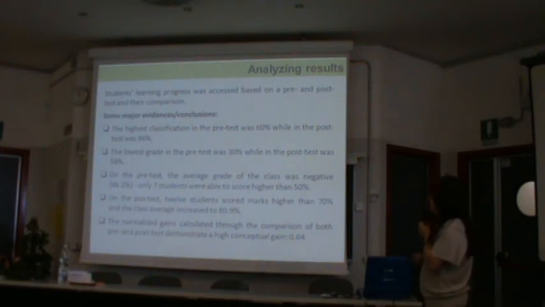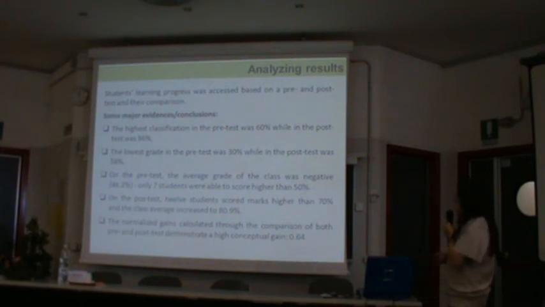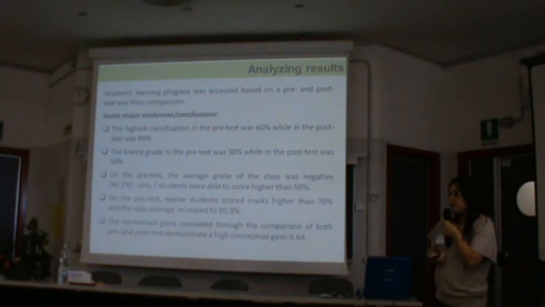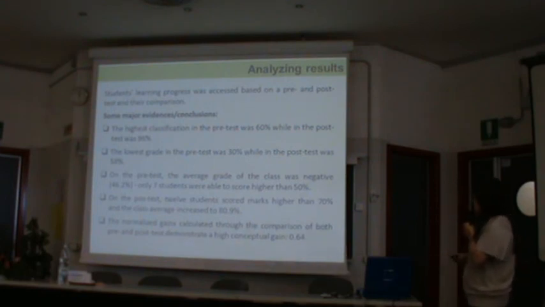The lowest grade in the pre-test was 30%, while in the post-test it was 58%. On the pre-test, the average grade of the class was negative. Only 7 students were able to score higher than 50%. And on the post-test, 12 students scored higher than 70%. And the class average increased to 80.9%. And the normalized gain was around 0.64.